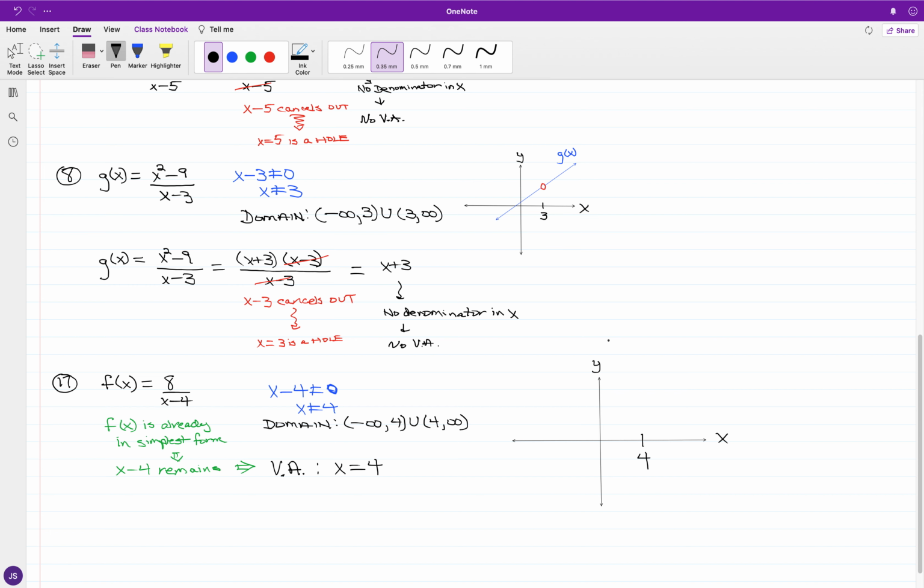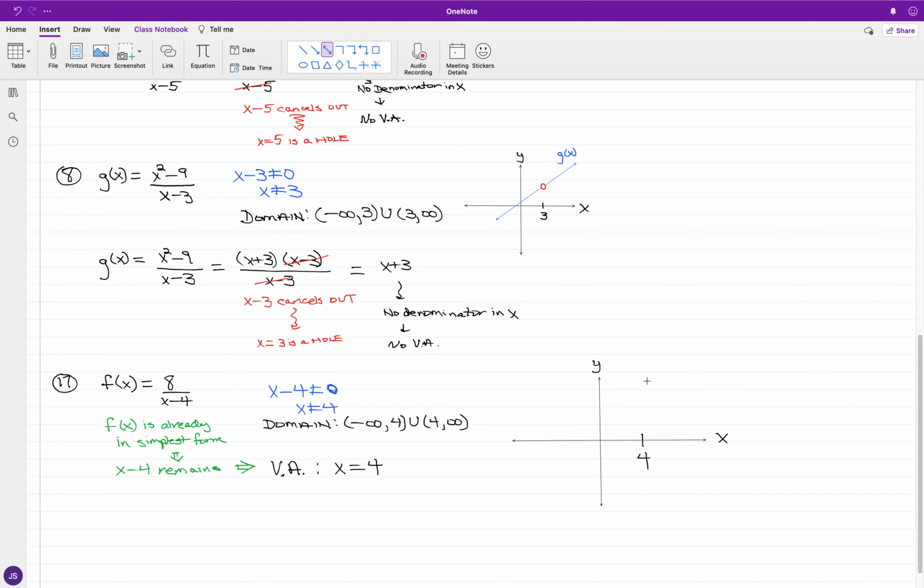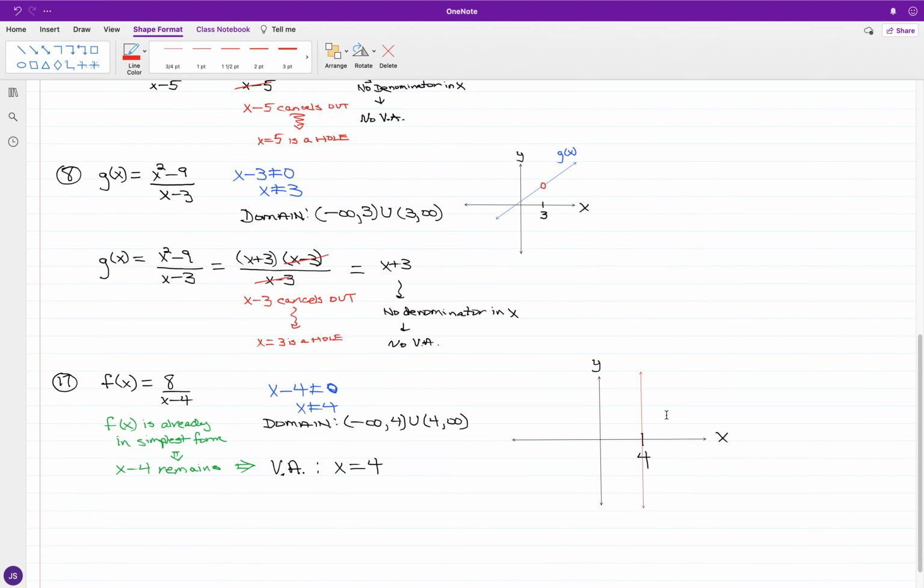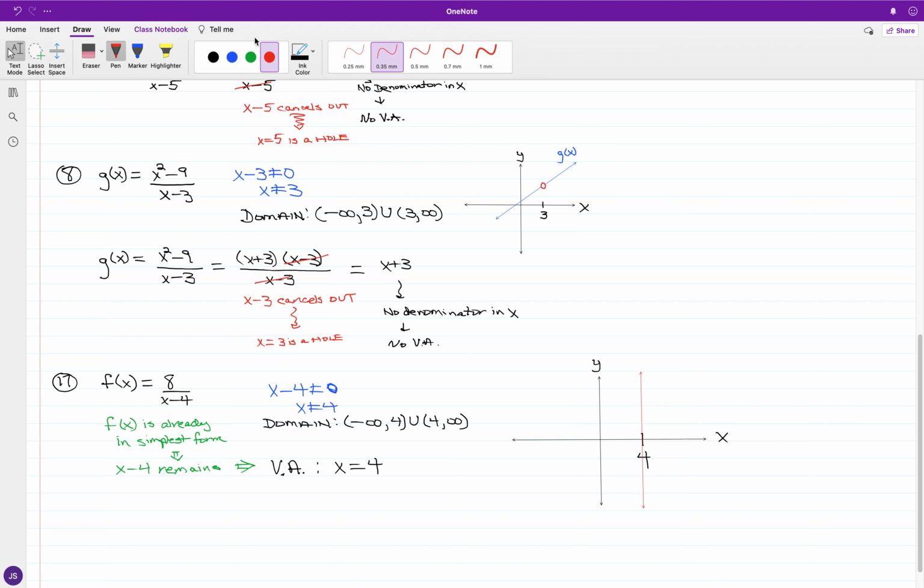Again, we have the excluded value of 4. In the case of the activity for f of x equal to 8 over x minus 4, once again we have the vertical asymptote x equal to 4.